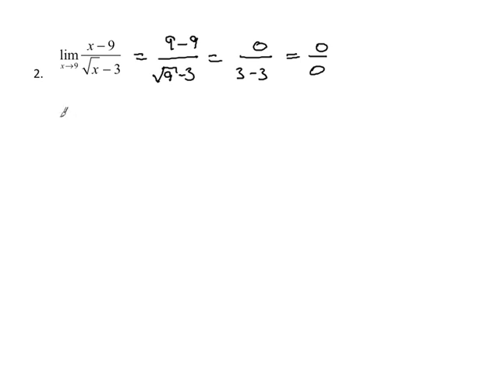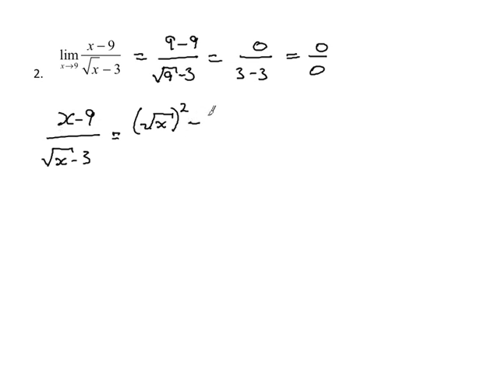I'm going to take x minus 9 divided by the square root of x minus 3, and I'm going to recognize that I can look at x minus 9 as a difference of squares. I write this as the square root of x squared, because the square root of x squared is x, correct?